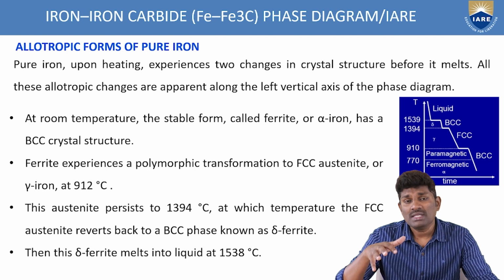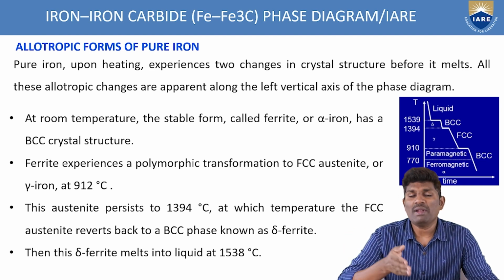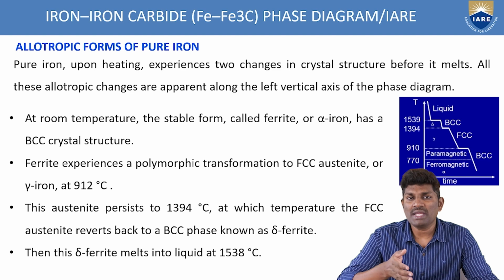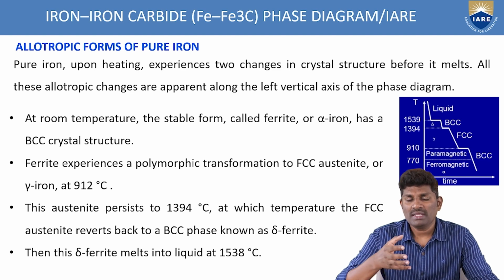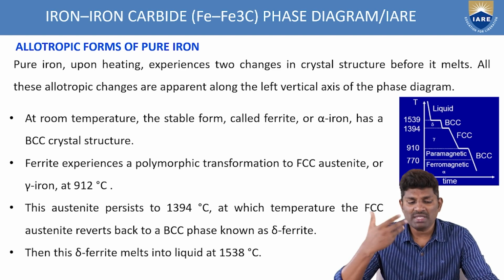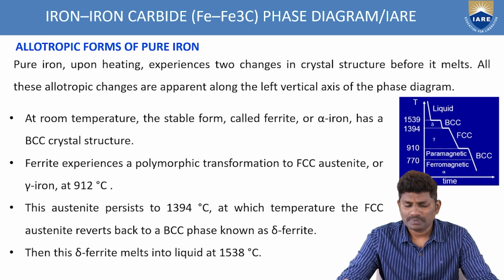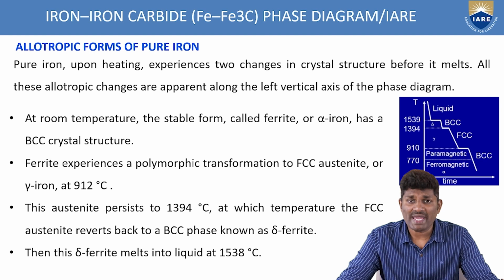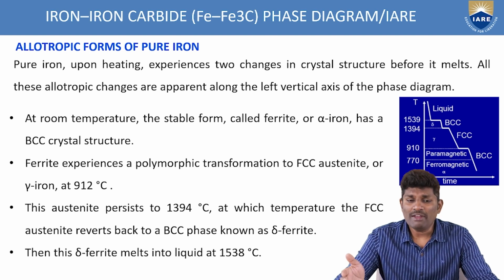So how are these changes happening in the crystal structure during the heating process before the melting state? Before the melting state, the pure iron will experience two changes in the crystal structure while heating. All these allotropic changes are apparent along the left vertical axis of the phase diagram.